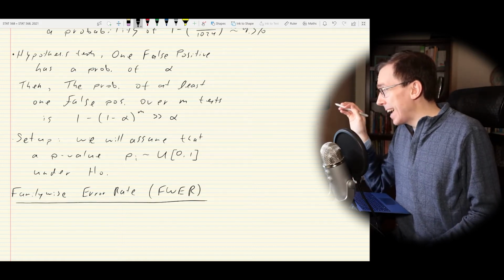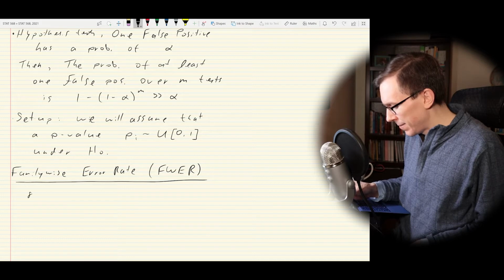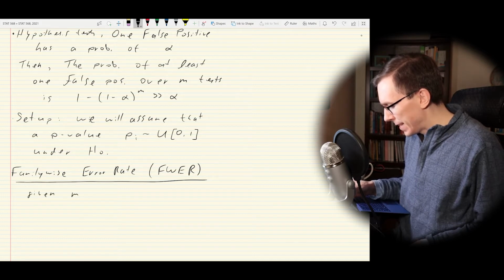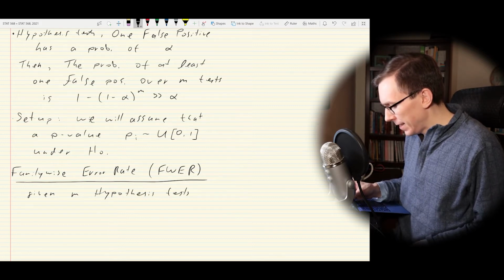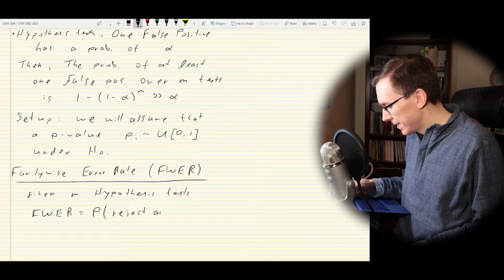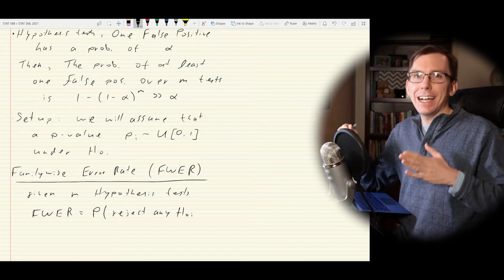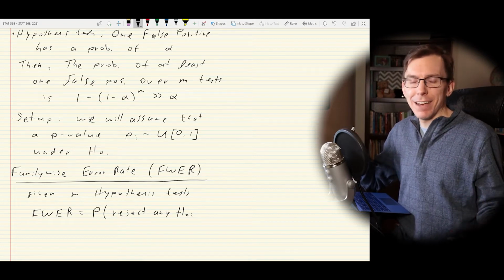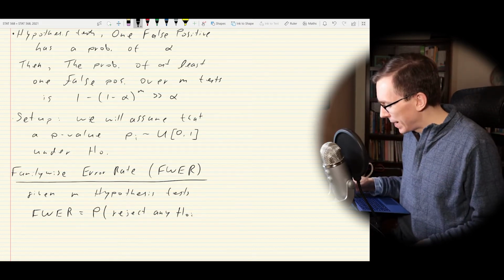Okay, so what is that? Well, the idea is that given, we'll say, M hypothesis tests, the family-wise error rate is the probability that we reject any H naught. I'm going to write H naught i, which is the ith null hypothesis. We're going to have an H1i for the ith alternative and an H naught i for the ith null hypothesis.